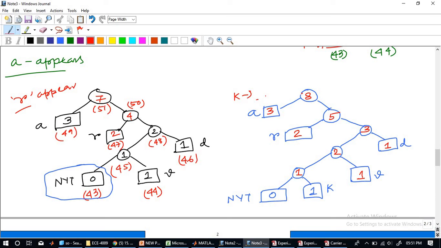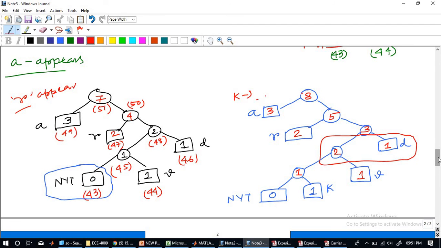Do we need any change or are the weights the same? This is where there is a problem, because on the left-hand side we have a weight which is greater than the right-hand side. So we need a swapping only at that position. Clear?